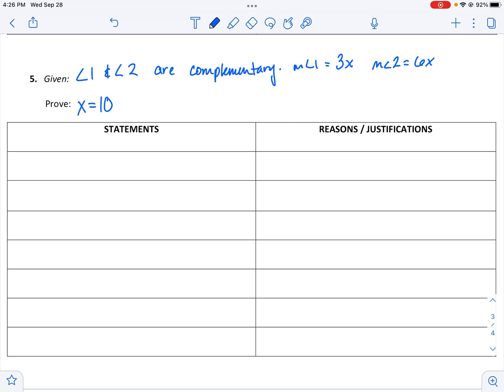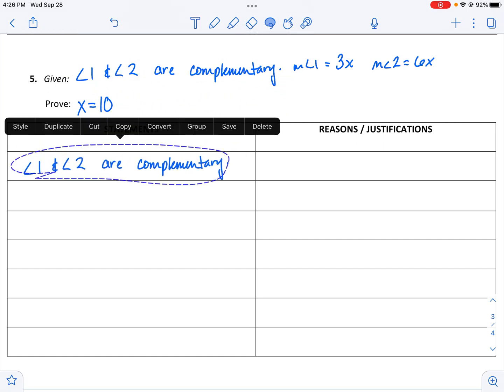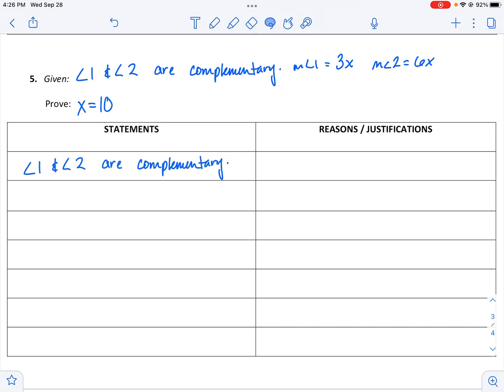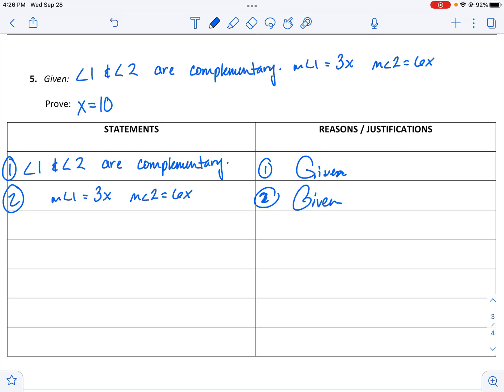So first thing I should do is I should write down my given statements. And if you want to do this in 1 step, you can. If you want to bring this over in 2 steps, you can do that as well. I'm going to do 2 steps just so that I can write a little bit bigger. So I got given, given.